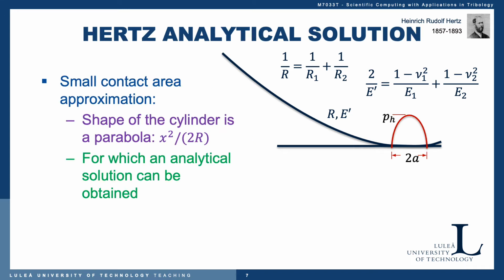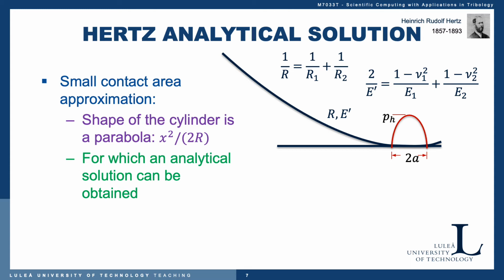Now, since one of the basic assumptions of this elastic half space contact mechanics is that the contact zone must be very far away from the boundaries, we realize that this cylinder in the vicinity of the contact can be described by a parabola instead.